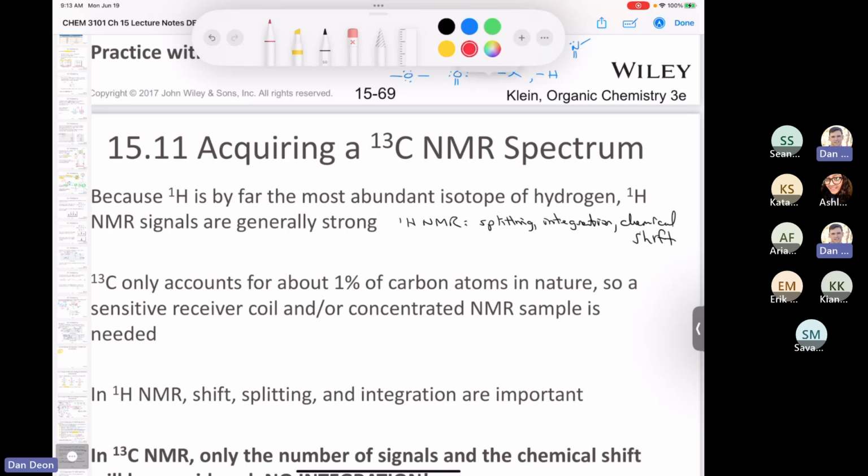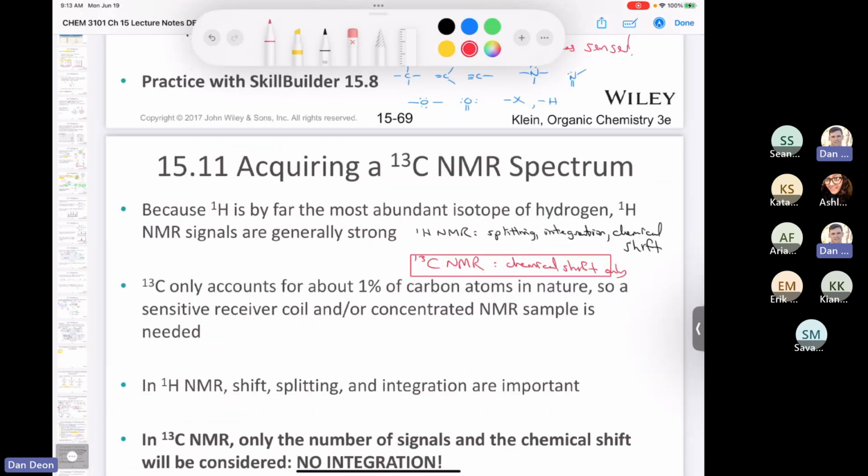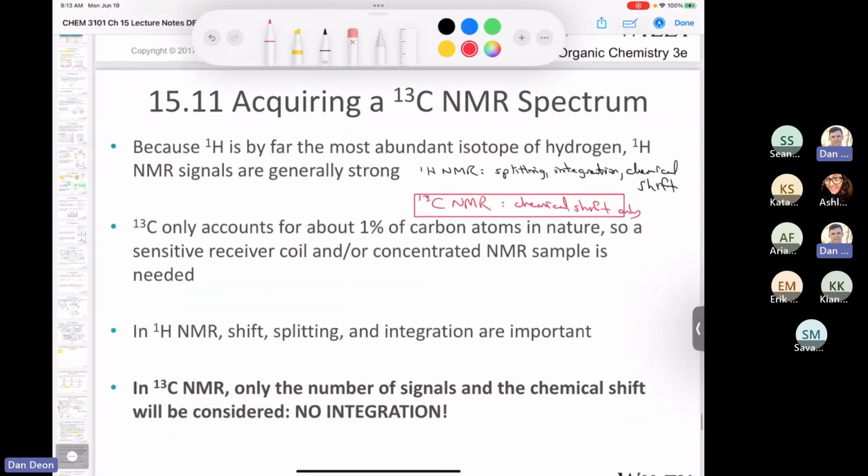Well, in carbon-13 NMR, which is what we're dealing with now, the only thing you're going to look at is chemical shift. Chemical shift only. That's why this section is a lot shorter, because the only thing we talk about is chemical shift. We don't talk about any n+1, and we don't talk about any integration.